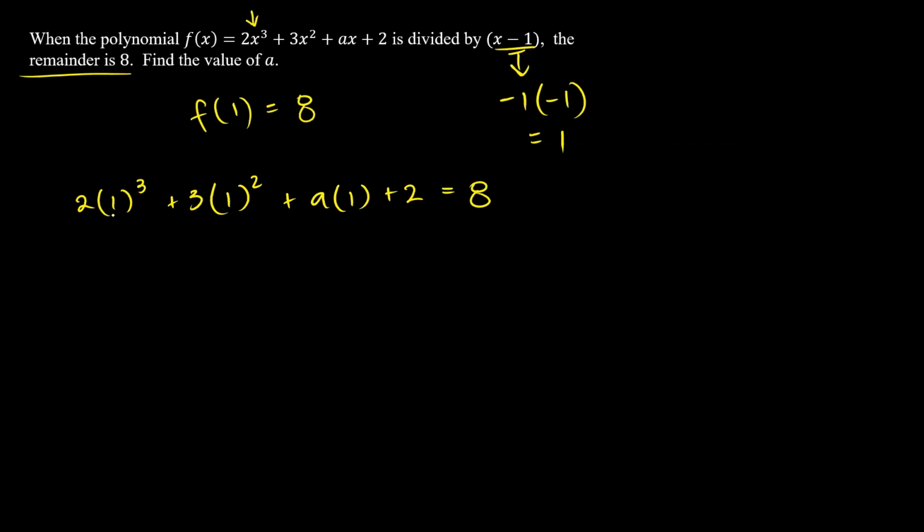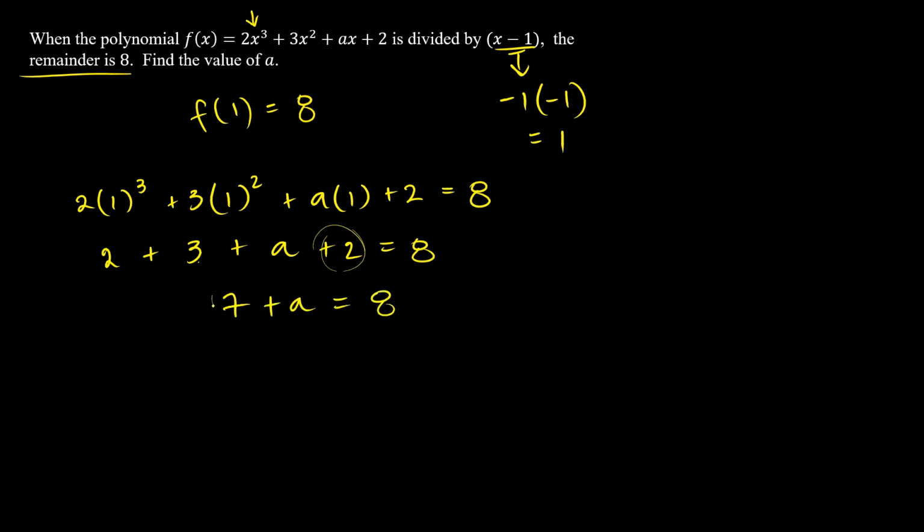So 1 cubed is 1, and multiply that by 2, that's 2, plus 1 squared is 1, multiplied by 3, that's 3. 1 times a is simply a, and we have a plus 2 at the end. 3 plus 2 is 5, plus another 2, that's 7, yeah? So 7 plus a is equal to 8.